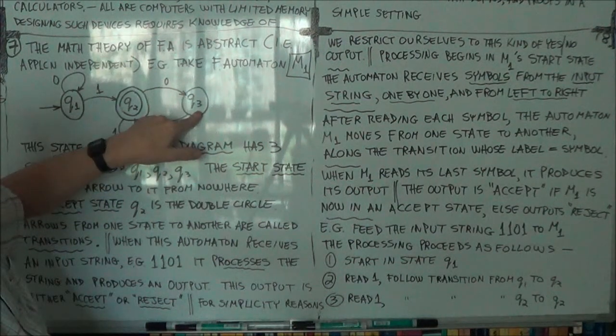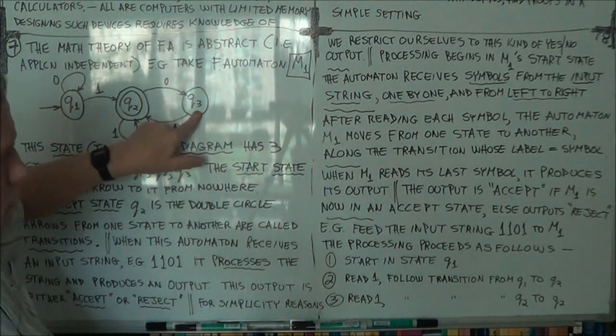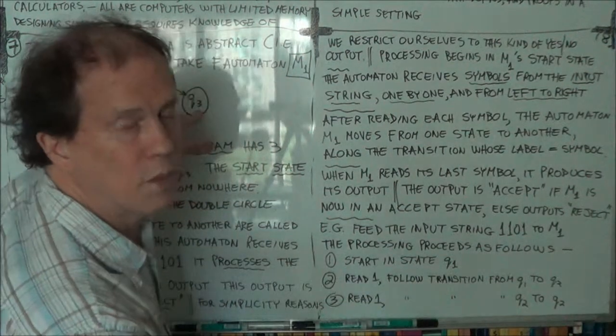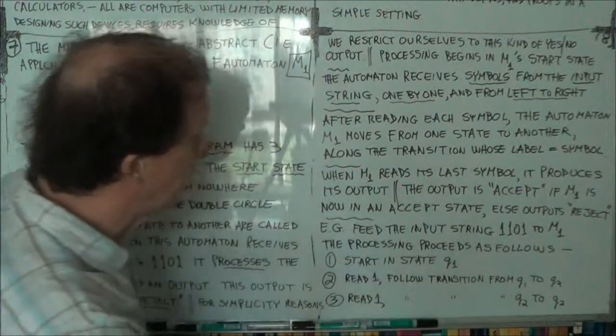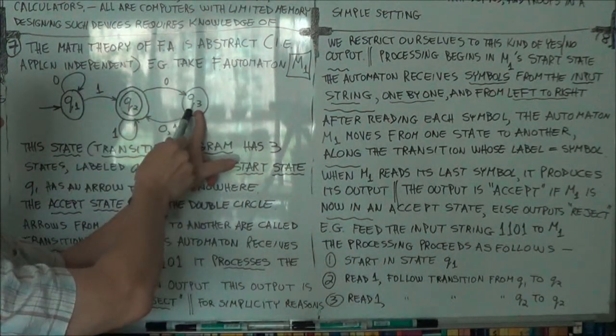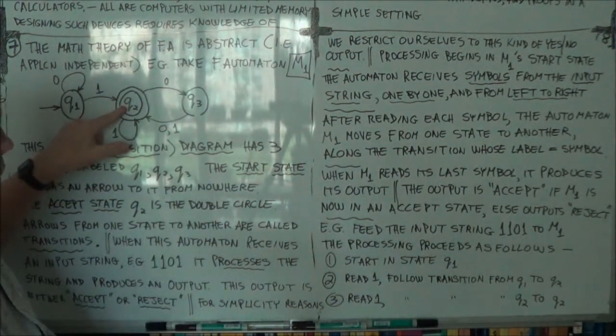We've transitioned from Q2 to Q3. And now we look at the fourth symbol, which is a 1. We follow this transition, so we're back in Q2.